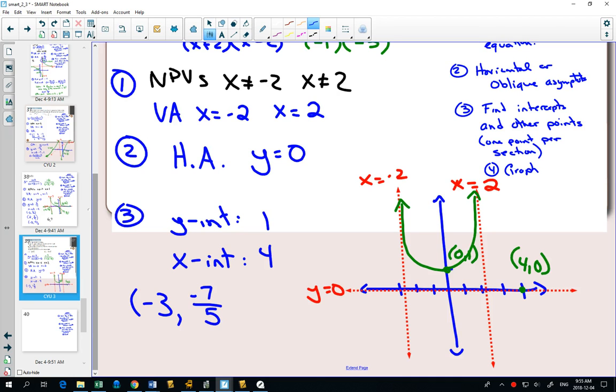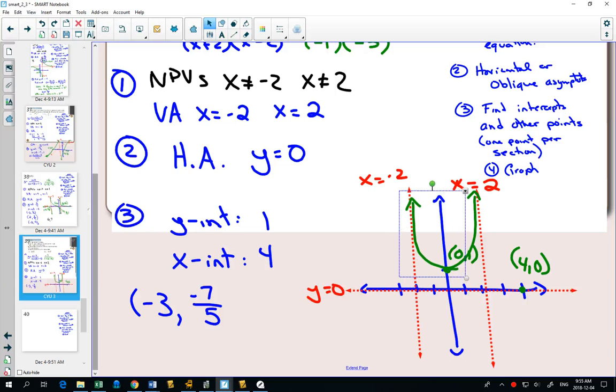So I plot that point: (negative 3, negative 7 over 5). And that's enough in this section to say, towards the asymptotes, this is what it has to look like.